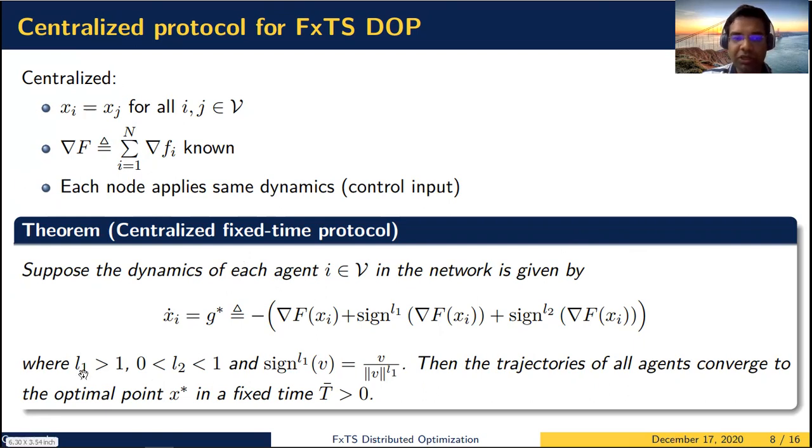If we use this kind of a dynamical system, then it also guarantees that they do so within a fixed amount of time, irrespective of where they start from. So we are going to use this G star in designing a distributed protocol to achieve the same in a distributed fashion.